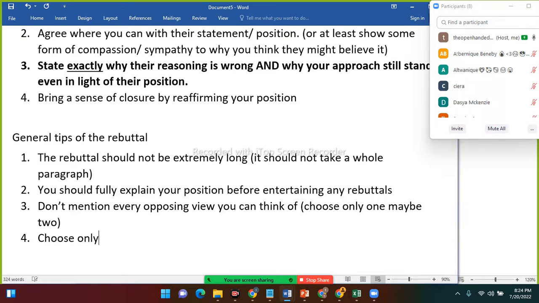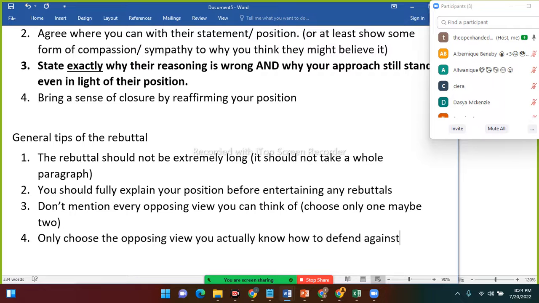Choose the opposing views you actually know how to defend against.